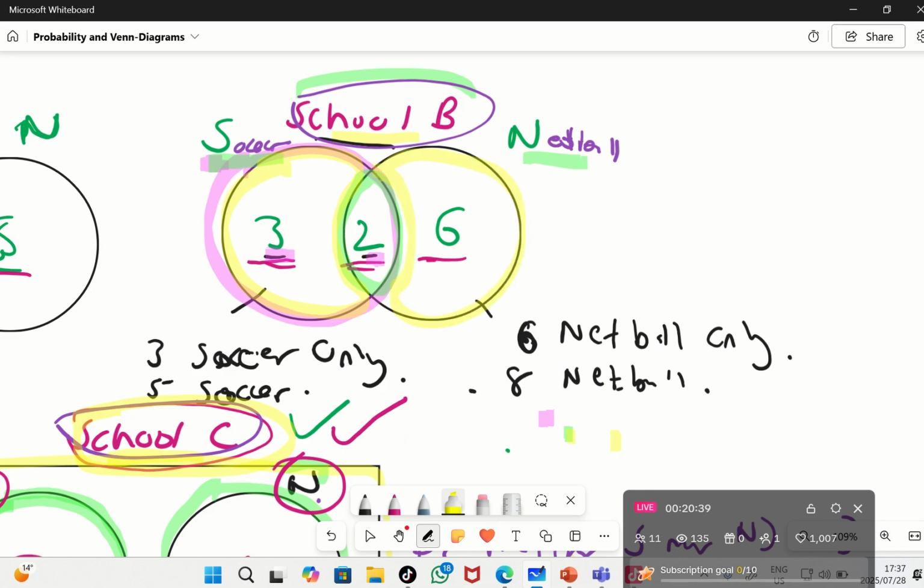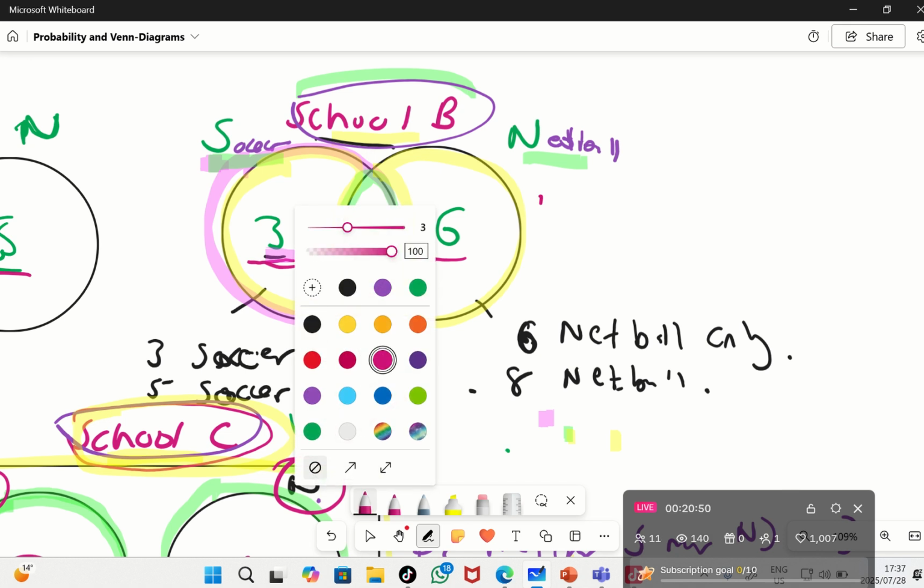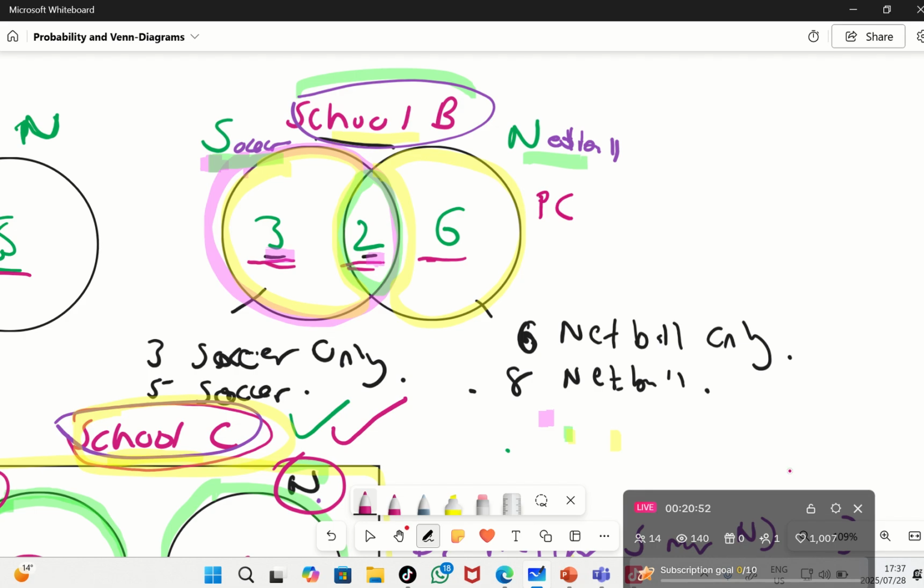6. Now a student is chosen at random from school B. What is the probability that the student plays both soccer and netball?